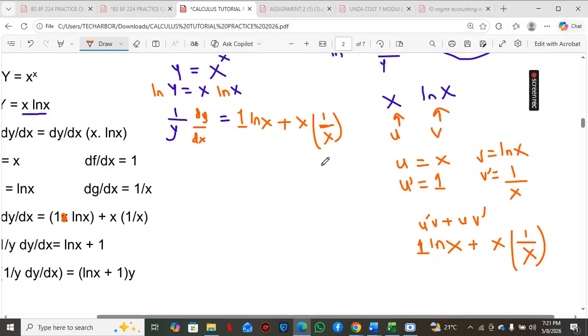All right. We simplify. Here, x times 1 over x, you cross these out. You remain with 1 natural log of x plus 1.